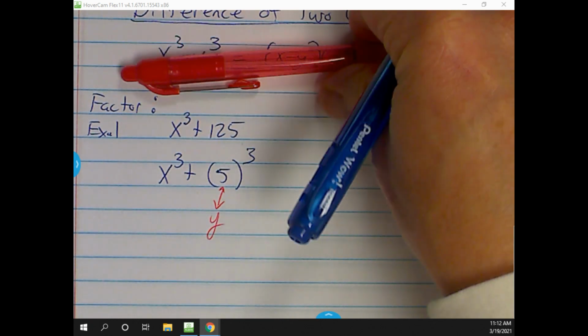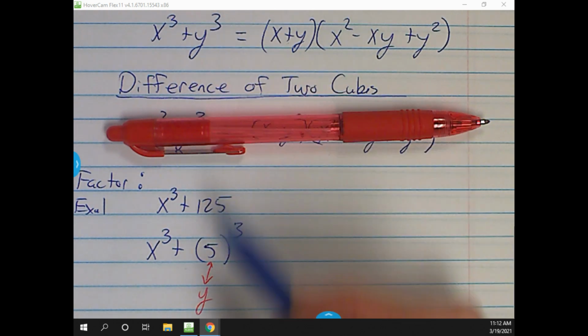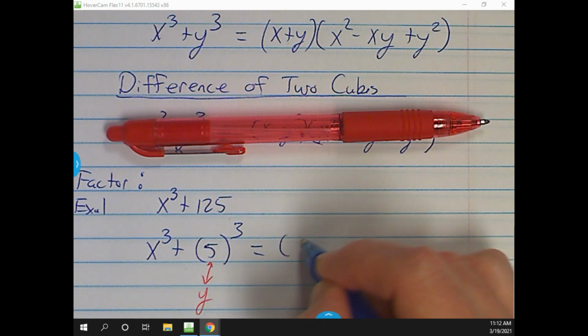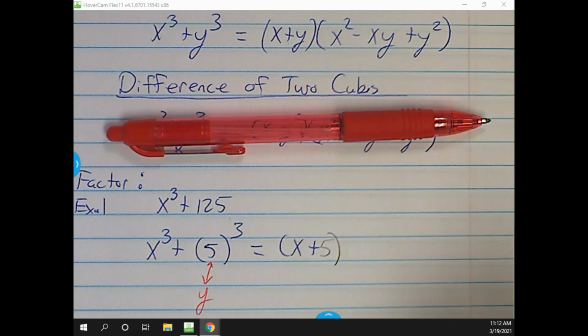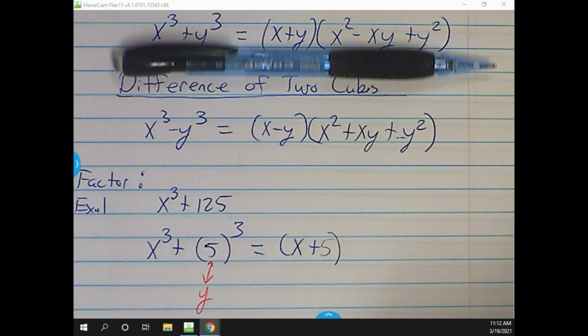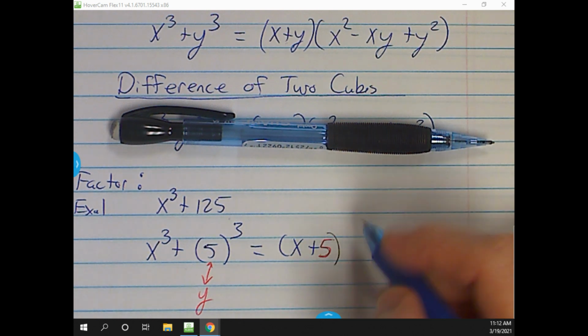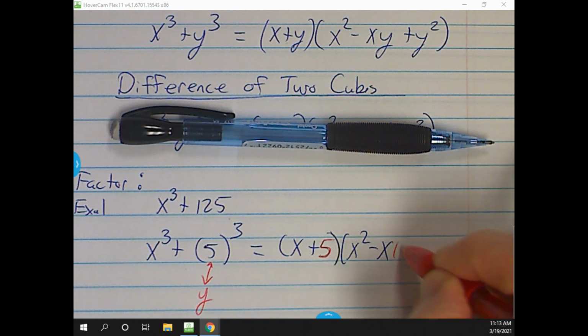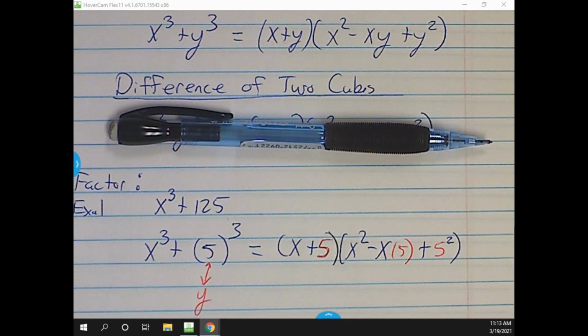So we're going to go back to the formula that was up here. And everywhere we had a y, we're going to take it out and put a 5 in its place. So that's going to be x plus 5, and we're going to have x squared minus x times 5 plus 5 squared.